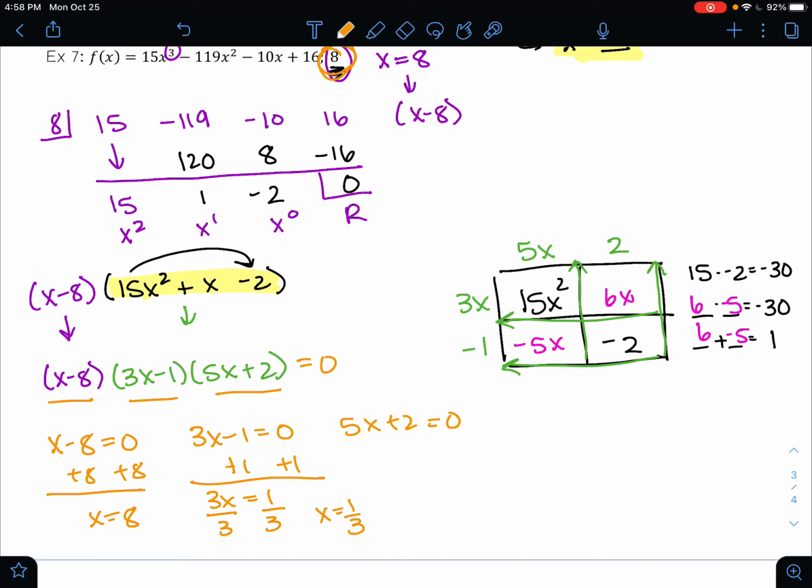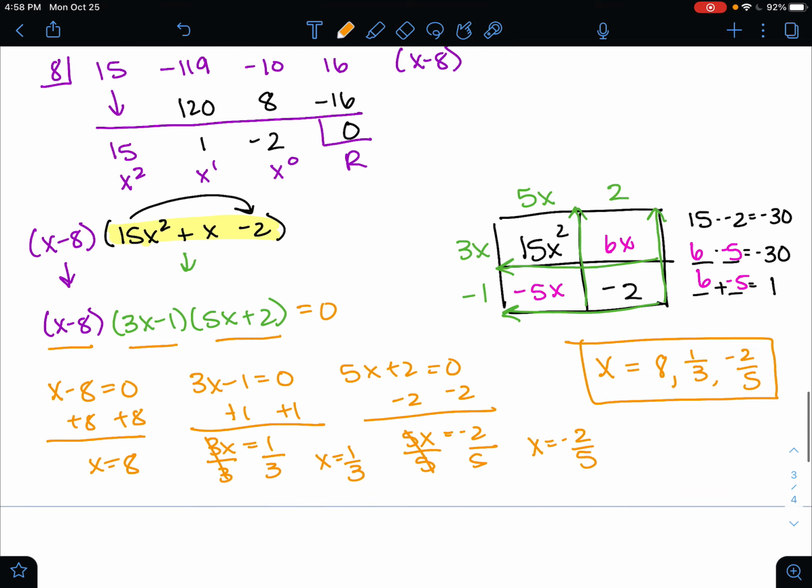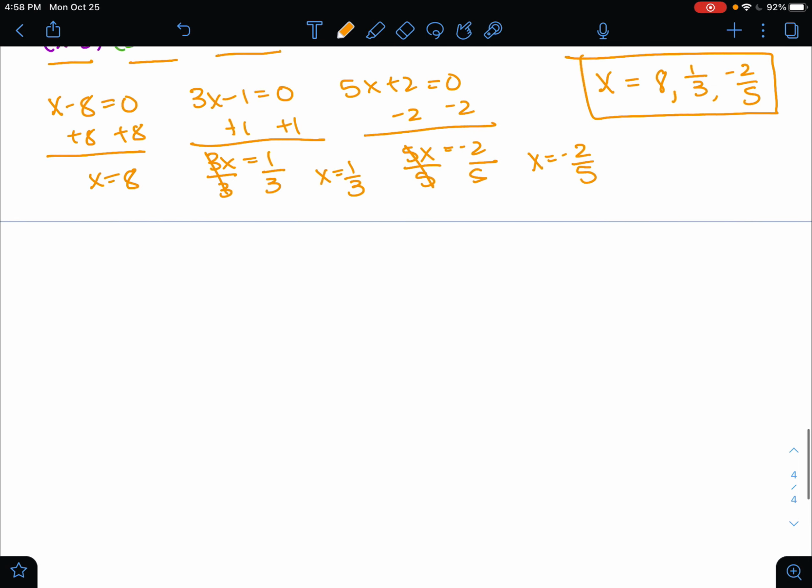And for this last equation, I'll subtract 2 on both sides, get 5x equals negative 2, divide both sides by 5, and get x equals negative 2/5. So my solutions, my zeros, are x equals 8, x equals 1/3, and x equals negative 2/5. These are my solutions. And that's it.